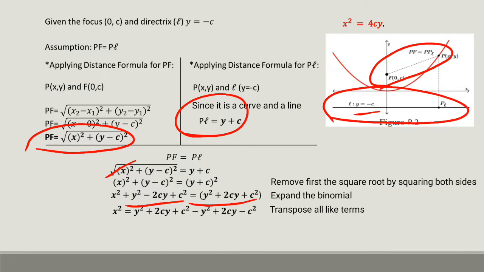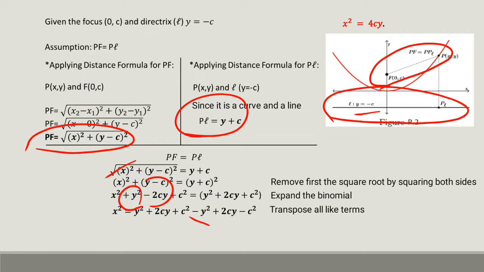Then, ang susunod na gagawin natin, lahat ng variable na magkakaparehas pagsasama-samahin natin. So, ang gagawin natin, ita-transpose natin ito papunta sa kabila. Pag nag-transpose tayo, lahat ng kanilang sign nagbabago. So, yung ating positive y squared, pag tinranspose natin yan, magiging negative y squared.